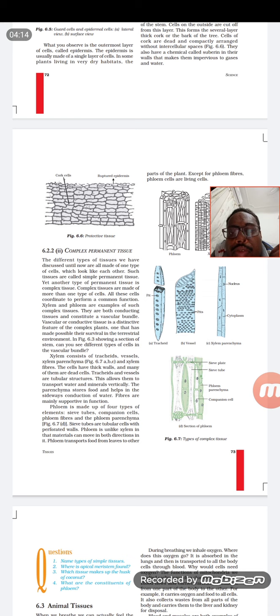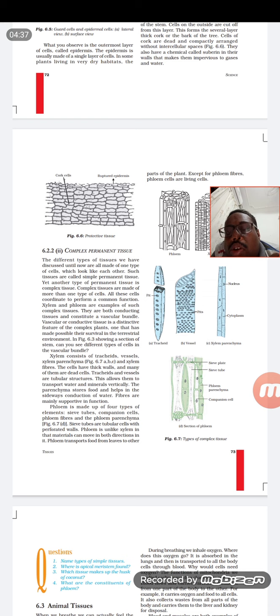And when we compare with the xylem, xylem has one peculiar function, and phloem has one peculiar function. Xylem can transport water and minerals in one direction only, that is bottom to top.